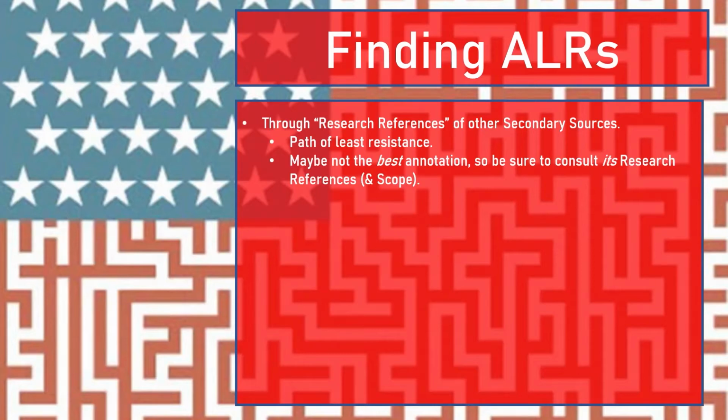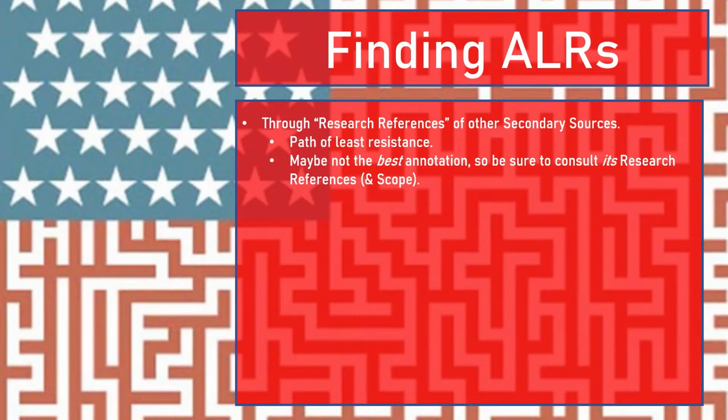Now, just because it is in AMJUR, and it seems at least somewhat related to your research, does not necessarily mean that it is the absolute best fit for your research. So you're also going to want to look in the annotation itself. You're going to want to go to its research references, which is going to give you all of the related annotations.